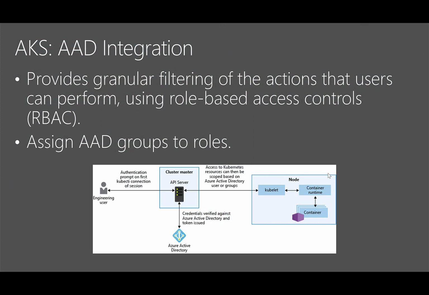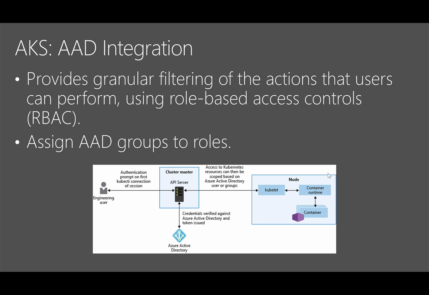Okay, so what happens if you want to provide granular filtering of the action that users can perform using role-based access control? What you do basically is enable role-based access control on your cluster, which is done on creation time. And actually, you can also integrate it with Azure Active Directory.